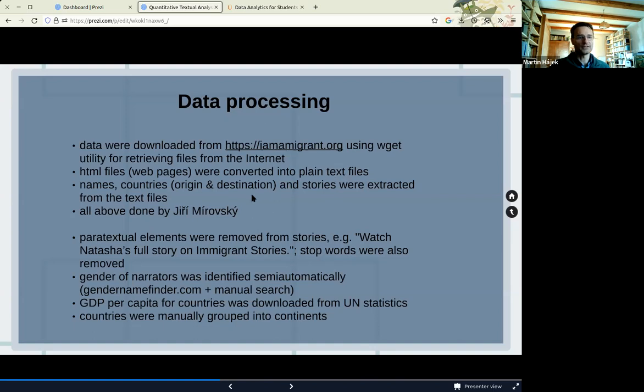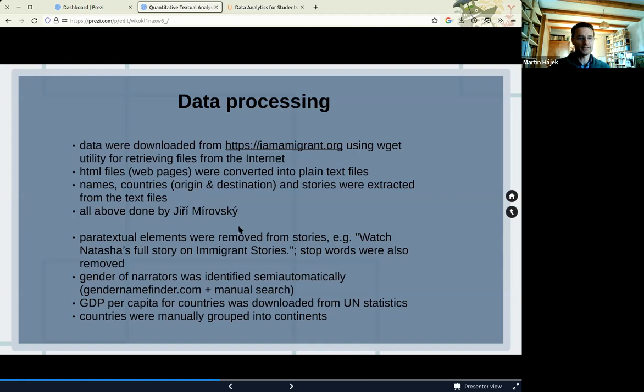And it was done by Jiří Mírovský, and I am grateful to him for doing this, as I would not be able to do it, to process data from the website into text files, into a large table with stories, names, and countries. And I got this data set of 100 something stories.